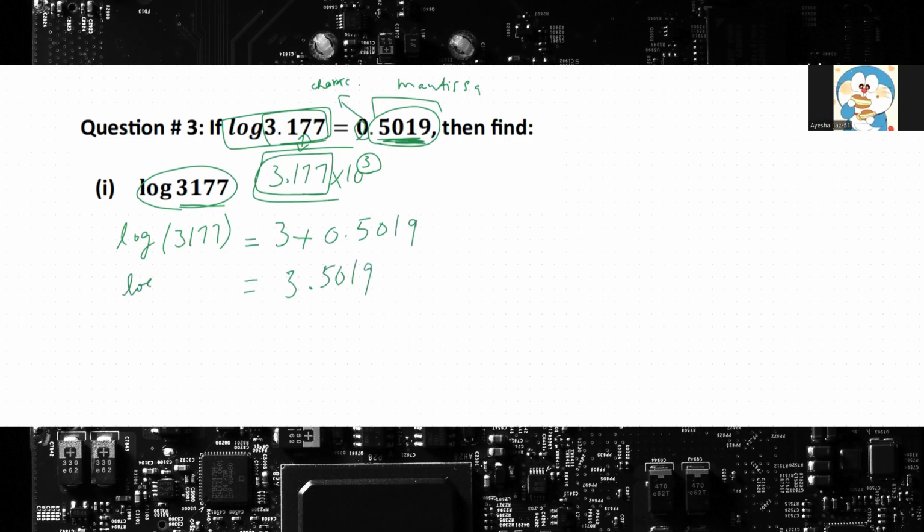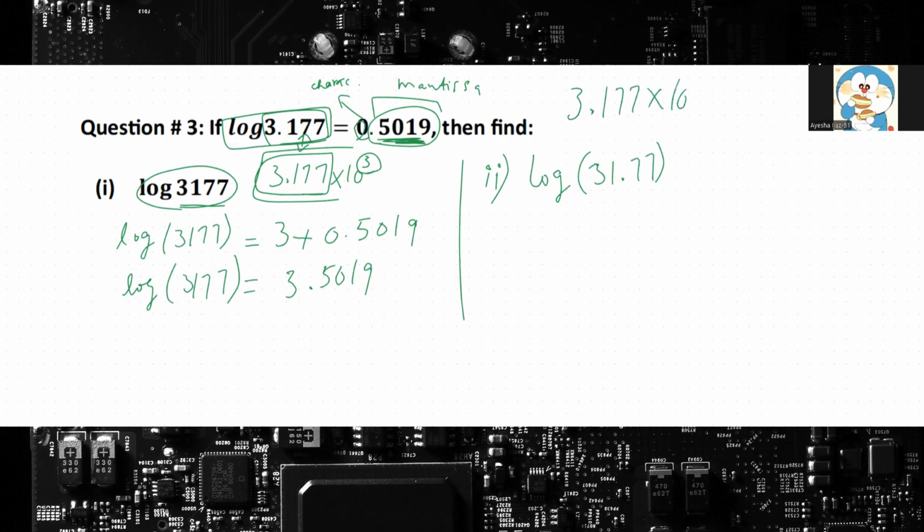Now let's see the second part of this question, which says we need to find the log of 31.77. So first I need to write it in scientific notation to find out the characteristic of this number. So I can write it like this: 3.177 multiplied by 10 raised to power 1, right?